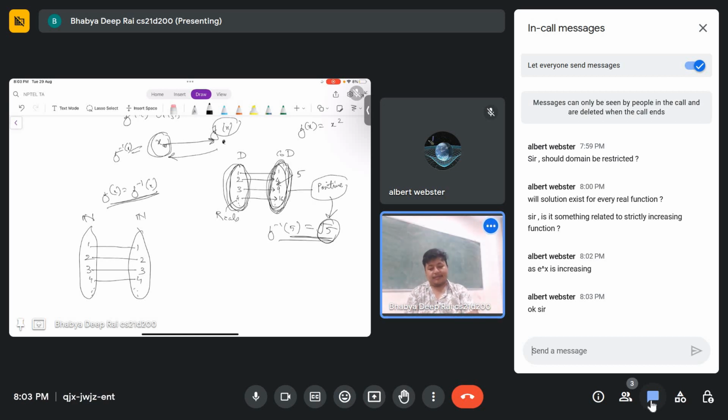Well, it is true that such a function which satisfies this will be strictly increasing.